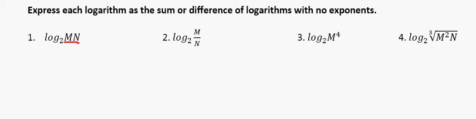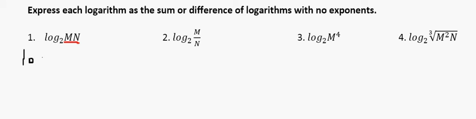Working the properties a little bit in reverse, we're actually going to expand this now into several logarithms. We're going to go ahead and separate this. Remember, just like in exponents, when we multiply, we add exponents. Very similar here.